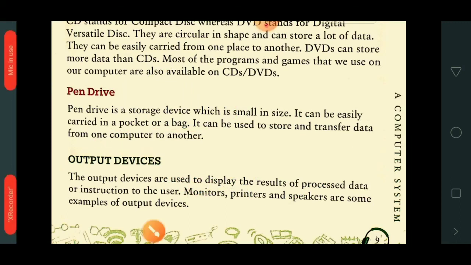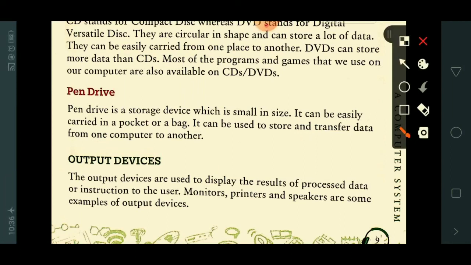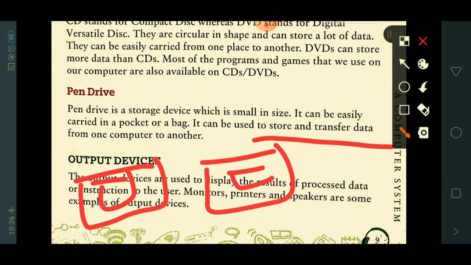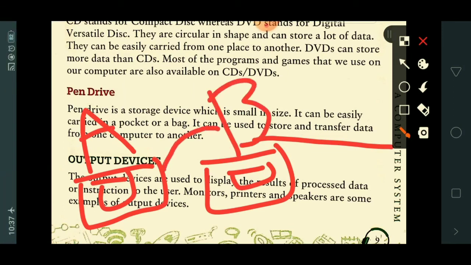In the same way as CD or DVD, in a pen drive also we can store and transfer our data from one computer to another. For example, if you have your game on computer A, you can copy this game to computer B with the help of a pen drive.